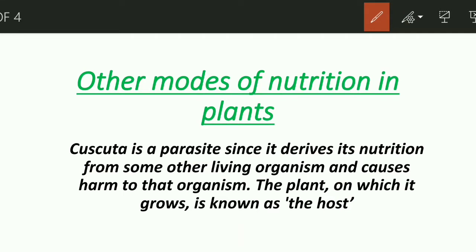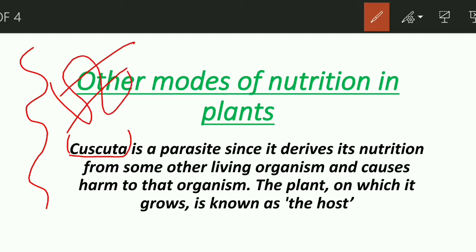Okay, so Cuscuta is basically a thin, string-like structure, which you can see on many plants, wrapping around them. I will show you the image very soon. So let's proceed to the next.